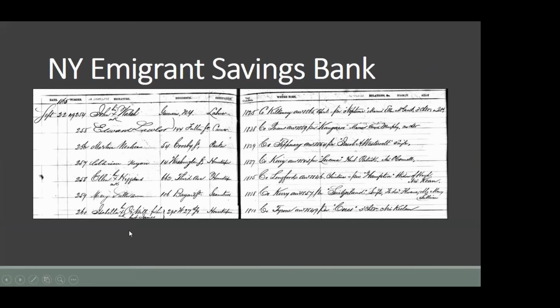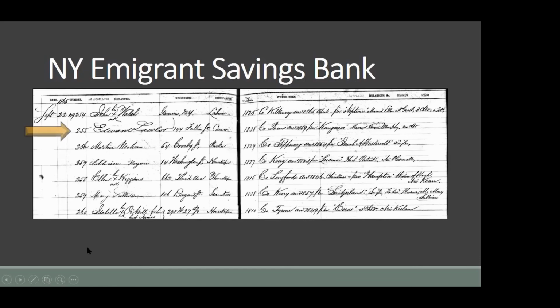Because recall, one of the things that the United States did not want was people coming over who would then be reliant on the government of the United States. They wanted people who were self-sufficient. And so this was a way for Irish immigrants to be able to come over and not be viewed as requiring public assistance. So the bank was set up for this purpose.